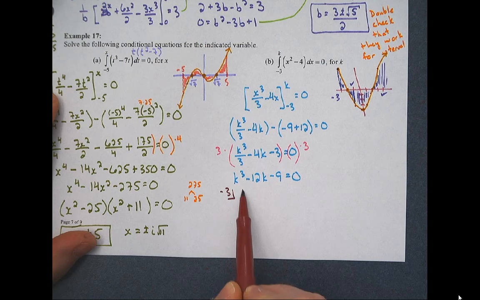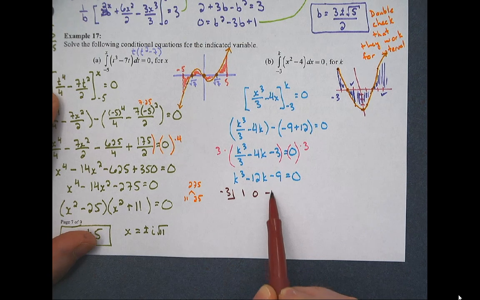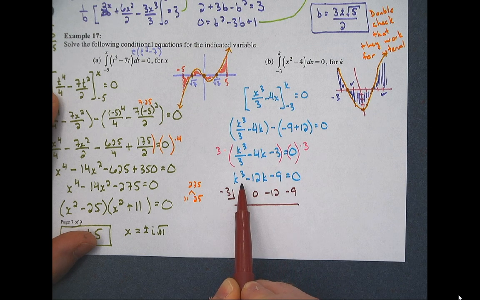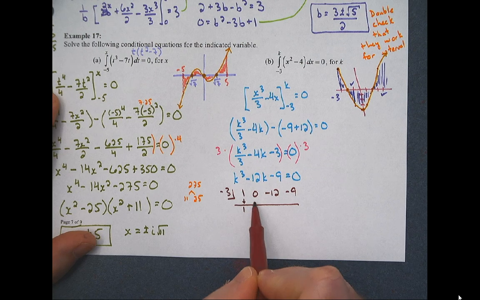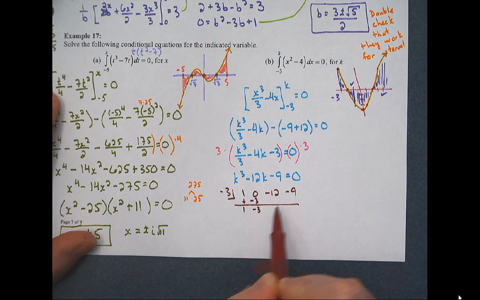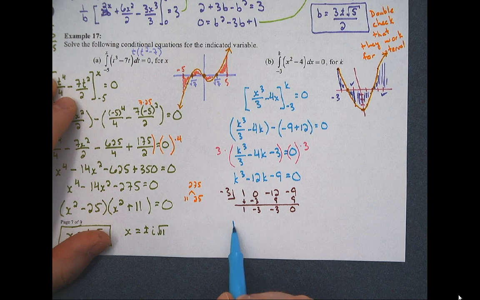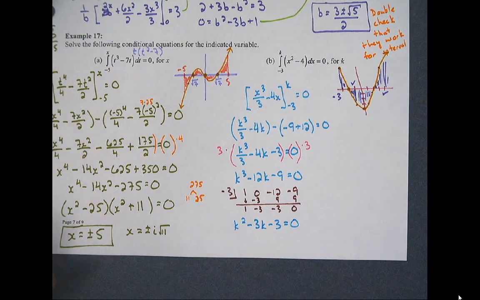What are my coefficients? 1, 0, negative 12, negative 9, because you have to remember to account for every term, even the ones that aren't there. 1 drops, that's negative 3, that's negative 3, that's positive 9, that's negative 3, that's positive 9, that's 0. Which means now we have the equation k squared minus 3k minus 3 equals 0.